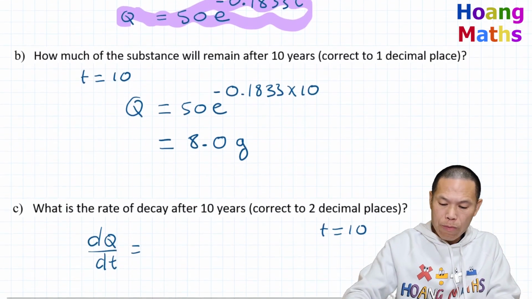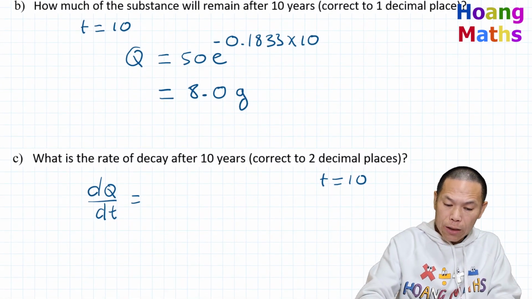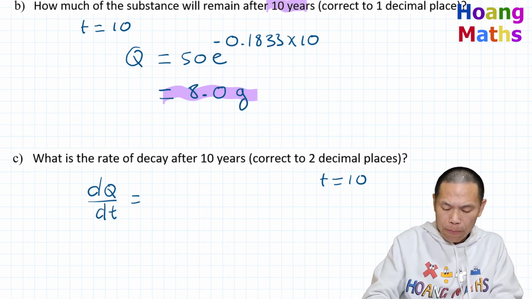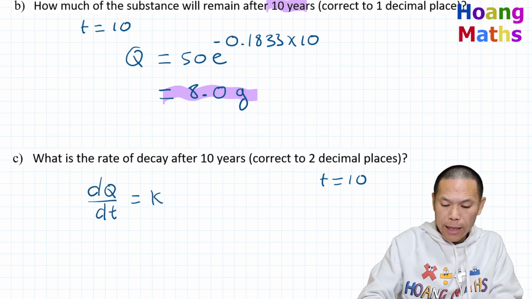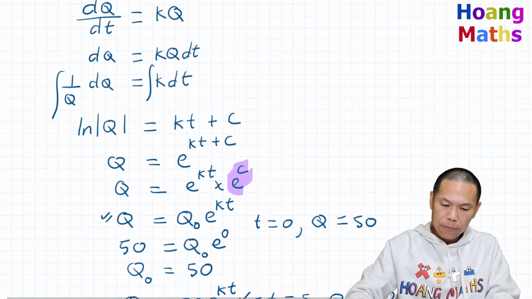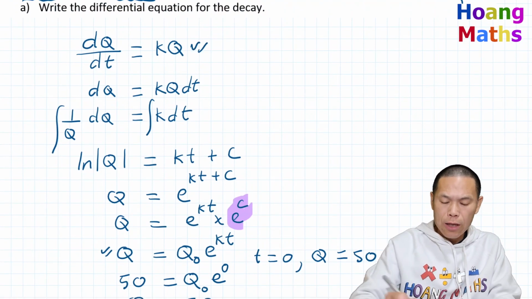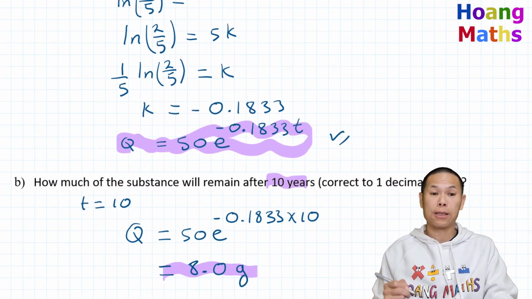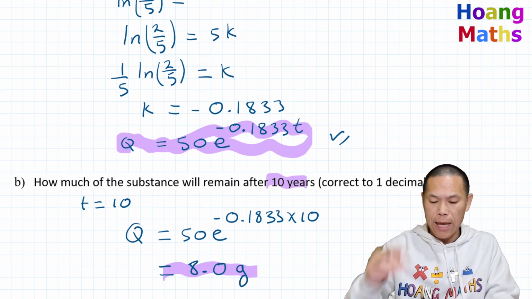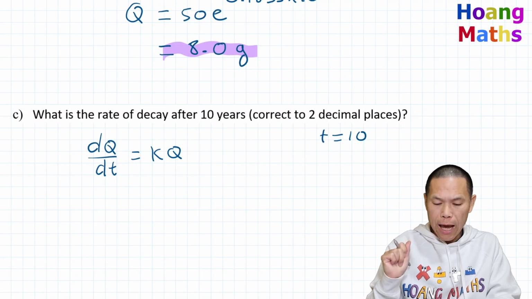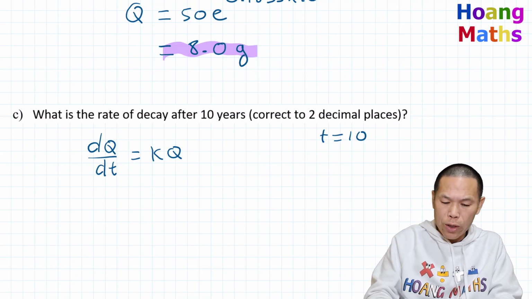But remember, we have 8 grams after 10 years, when t equals 10. And we know that dQ/dt is equal to kQ. Remember that from the beginning. Or we differentiate this and then substitute t equal 10 in and should get the answer as well. Since we found t is 10, Q is 8, we can just use this, quicker, that's all.